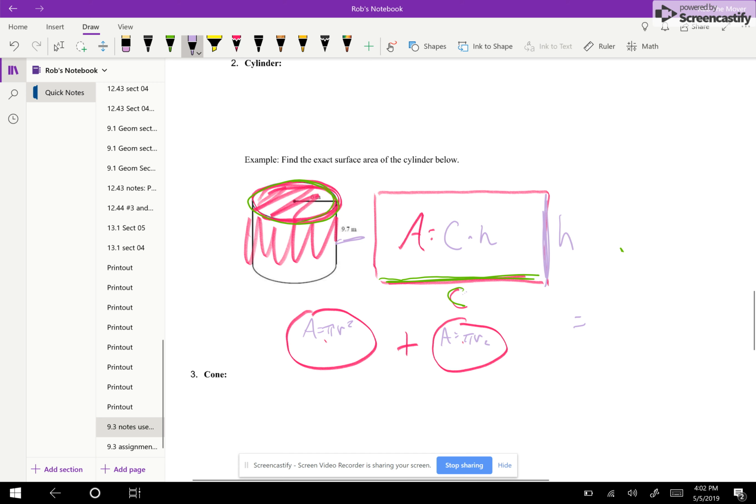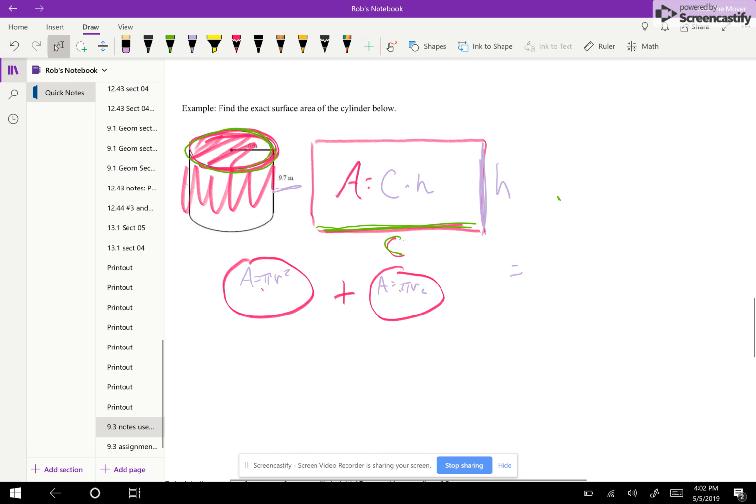So when you add all those together, right, you get pi r squared times 2, because there's two of the circles, right? 2 times the area of the base, plus the area of the face that's curved on the outside, which is c times h, right? Now, we could say that the circumference is 2 pi r multiplied by h for that rectangle, right?